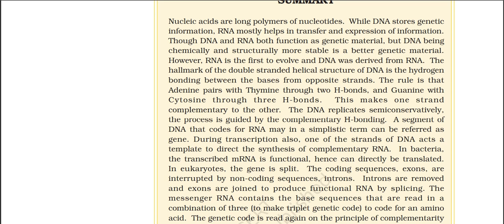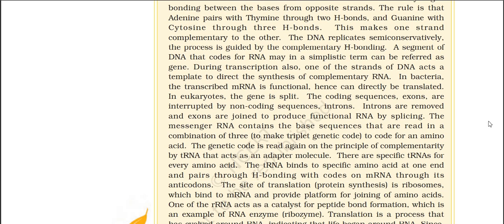The DNA replicates semi-conservatively. The process is guided by the complementary H bonding. A segment of DNA that codes for RNA may, in simplistic terms, be referred to as a gene. During transcription also, one of the strands of DNA acts as a template to direct the synthesis of complementary RNA.